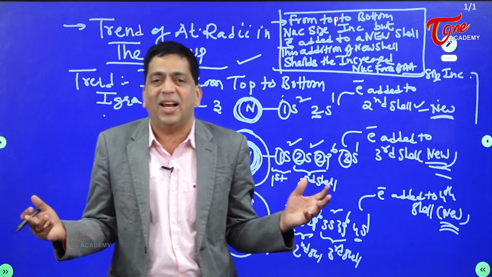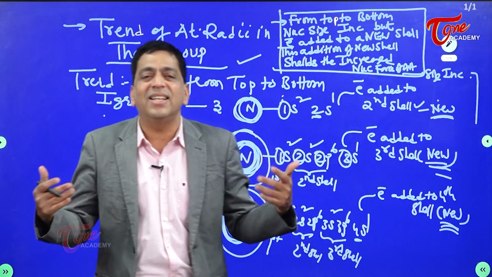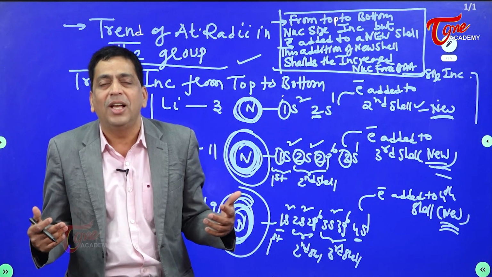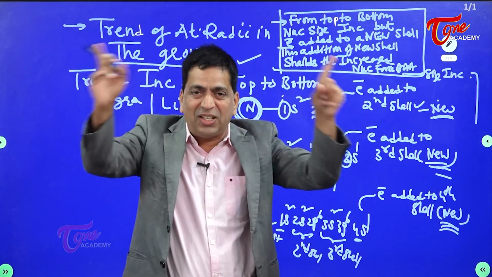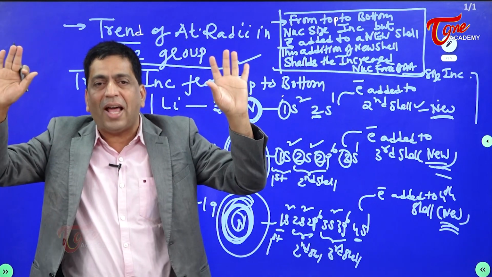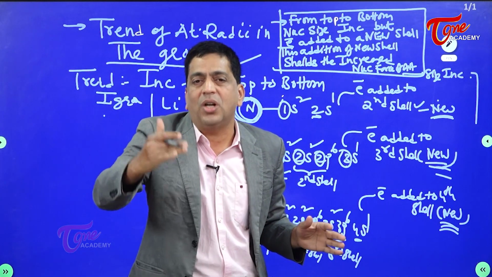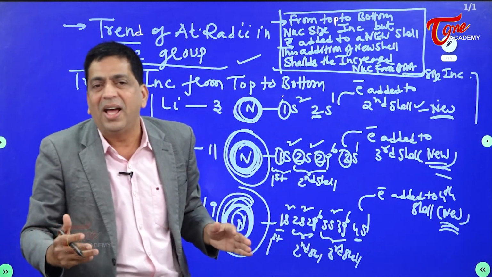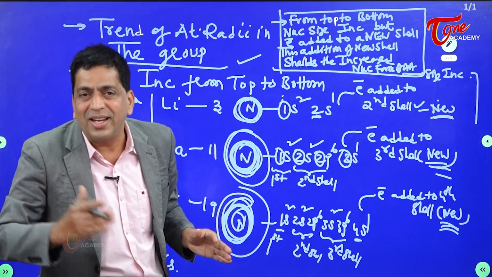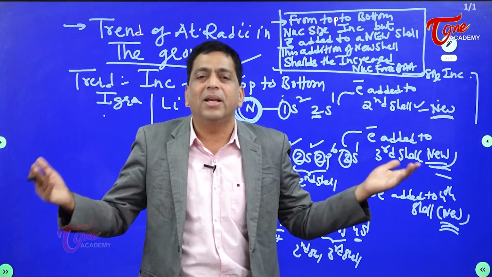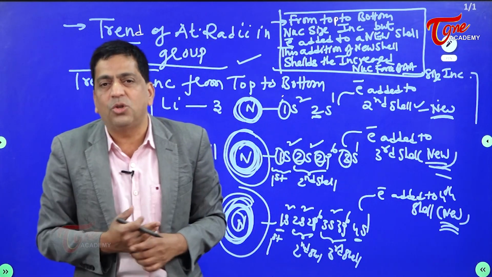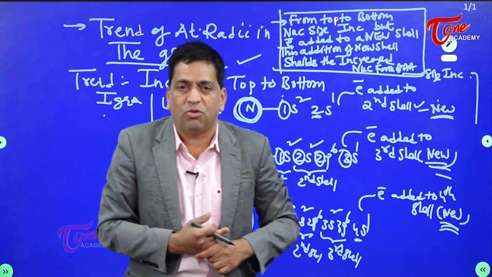So the outermost shell is not bearing the increased force of nuclear attraction, and thereby the outermost shell is basically relaxing. Then what happens is, one stride down the group, the atomic radii is also increasing, because it's been compensated. You must understand this, right?